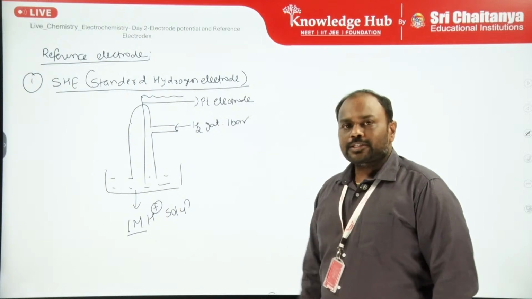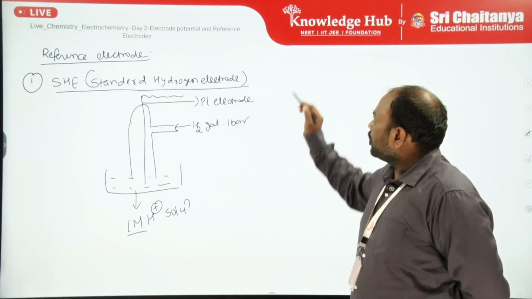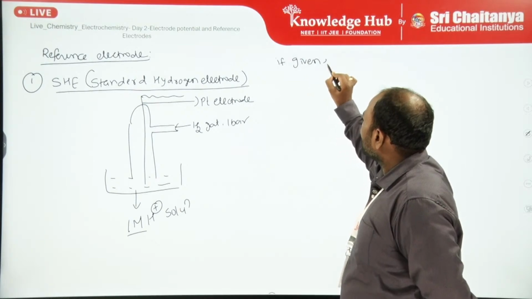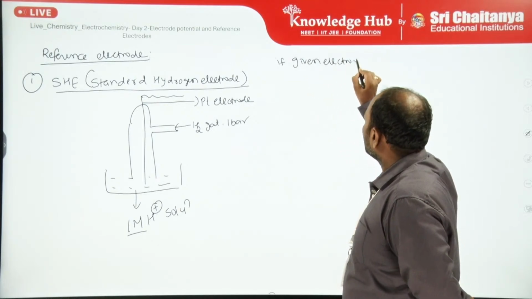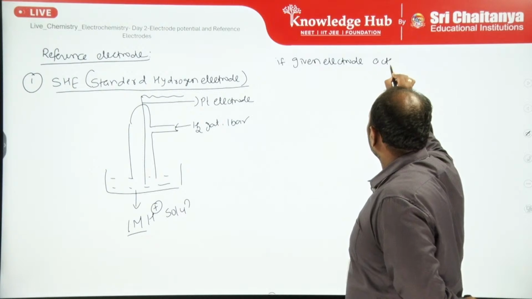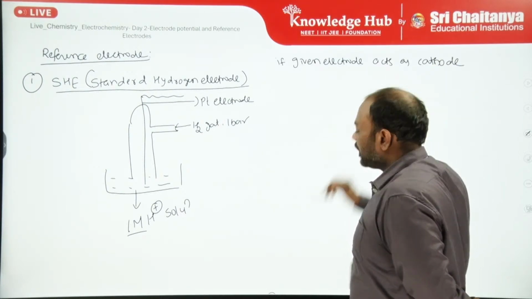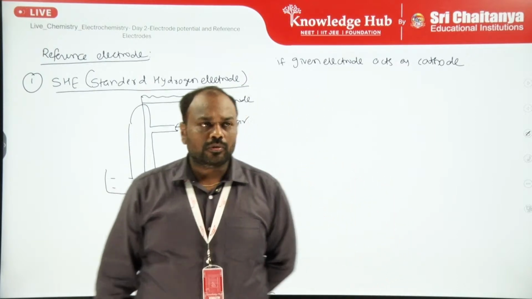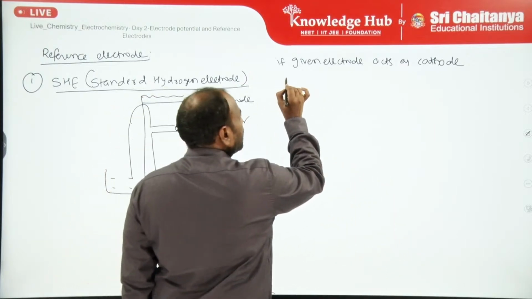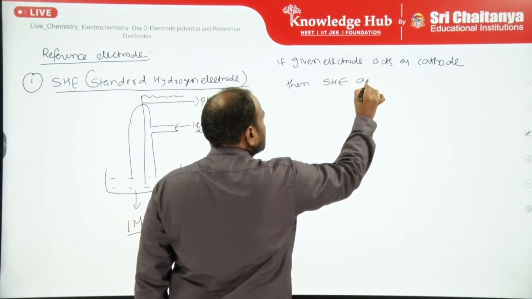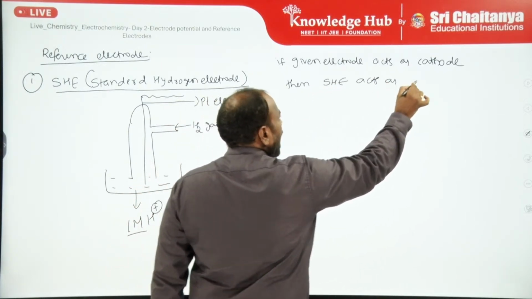Here H plus ions are already there. So if the given electrode acts as cathode, then SHE acts as anode.